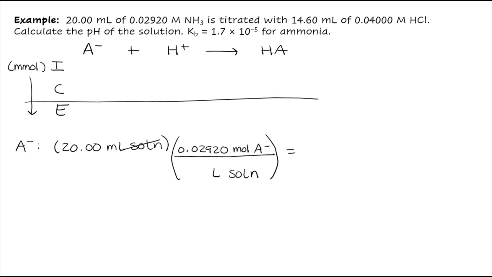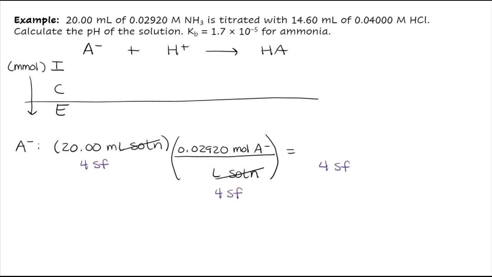Liters of solution will cancel, and we're left with milli and moles. Looking at our sig figs, we have 4 sig figs in the volume, 4 sig figs in the molarity, and so our millimoles will also be rounded to 4 sig figs.